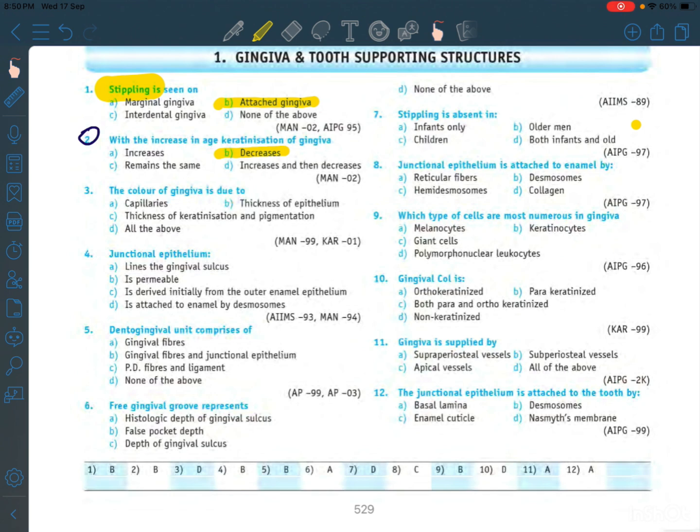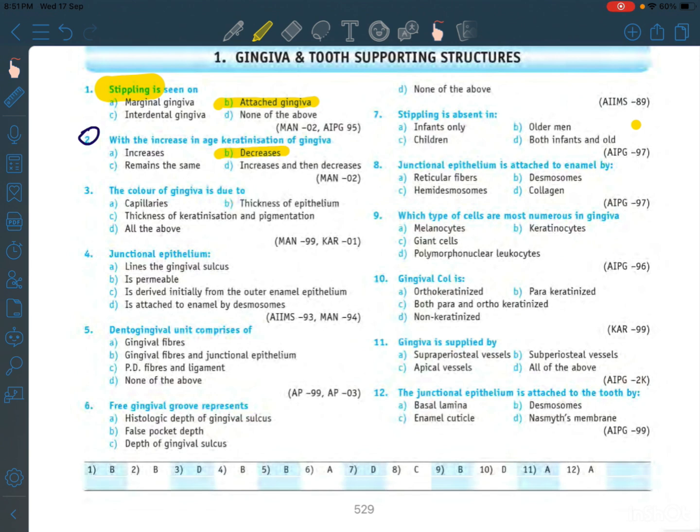Continuous mild masticatory stress helps in maintaining keratinization. In the elderly, there is reduced chewing efficiency, which can be due to missing teeth or softer diets, which further reduces mechanical stimulation, so the epithelium becomes thinner and less keratinized. Also, there are vascular changes.